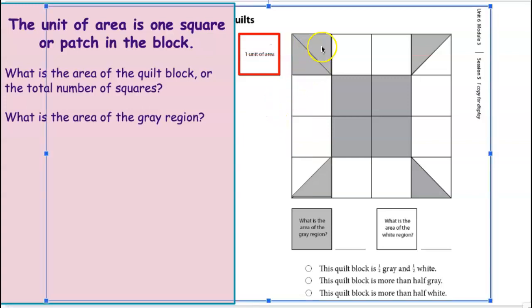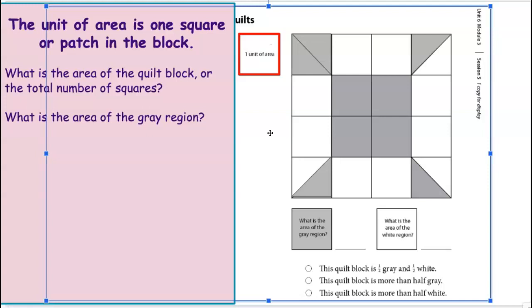So I just take two of my gray triangles and I can put them together and I can make one unit. So that tells me that each gray triangle is 1/2 of a unit. And I just proved that by putting two of them together right here to see that they fill in 1 unit of area.